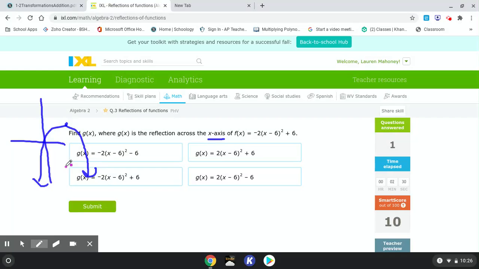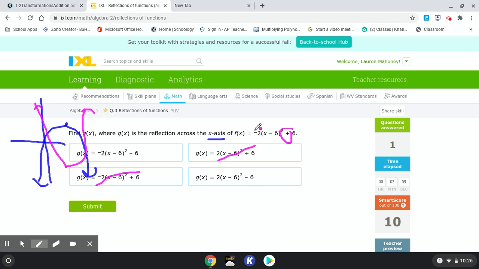I am going to be opening down because this graph is going to be going downward. When you are reflecting across the x-axis, you're going to be opening the opposite direction. So my graph is now going to be opening up instead of down. This point that's here at 6, 6 is actually going to be down at 6, -6. And it's going to be opening up like that.